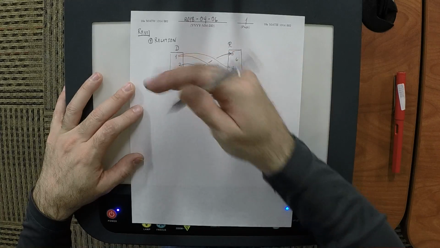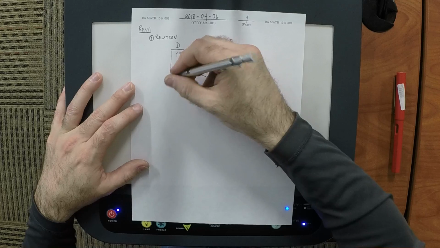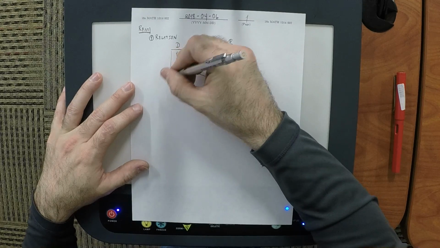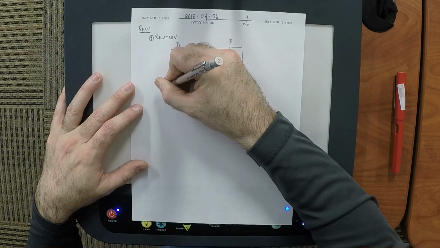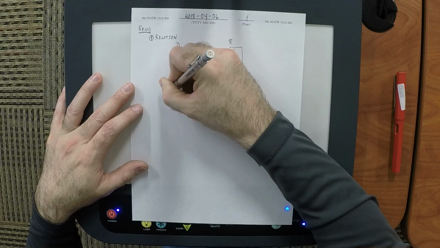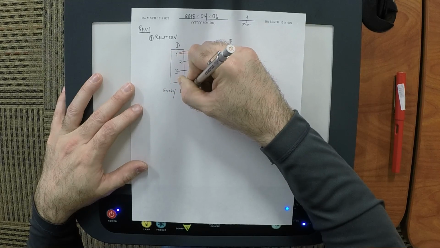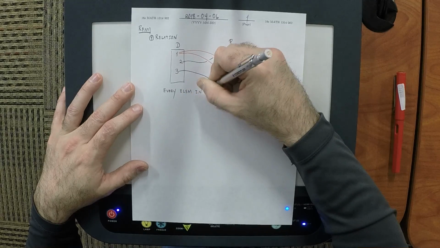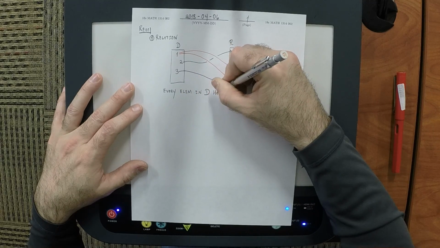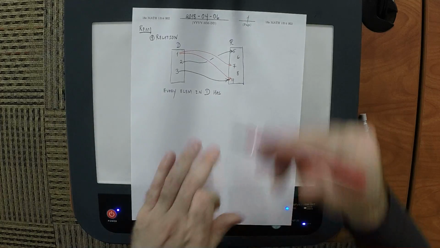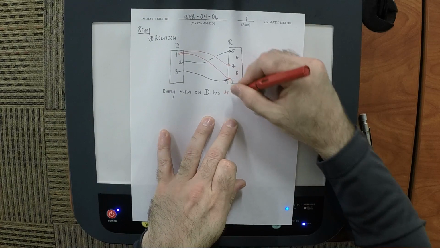In the end, I'll just make the following observation, that to be a relation, it must be the case that every element in the domain has at least 1 arrow leaving.